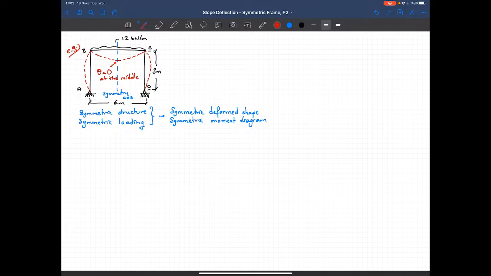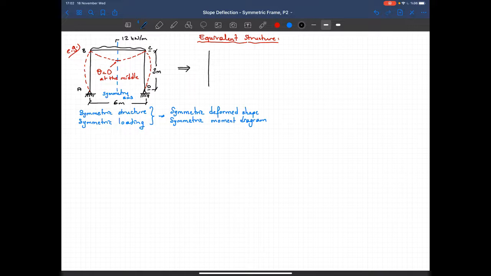Okay, so knowing all this additional information about the deformed shape of the structure, I can just generate an equivalent structure. That structure will give me the same deformed shape and the same moment diagram. So the equivalent structure will be something like that.